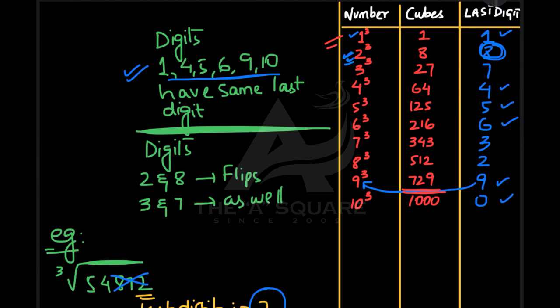Then 4 and 4 are the same, 5 and 5 are the same, 6 and 6 are the same, 9 and 9 are the same, and 10 and 0. 10 has a last digit 0, and 0 also has the same last digit. Apart from that, numbers 2 and 8 flip their digits. 2 has a last digit 8 and 8 has a last digit 2. They are flipping together, and the same goes for 3 and 7. 3 has a last digit 7 and 7 has a last digit 3.